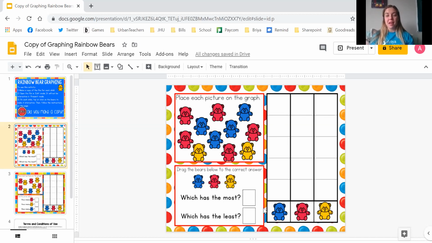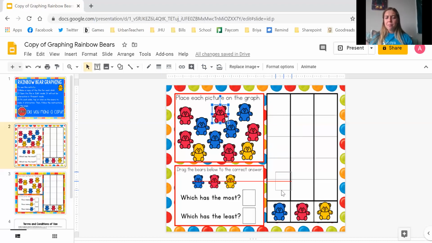Let's graph the bears. I'm going to pick up a bear and you guys are going to tell me which color it is and where it will go on the graph. Let's do an example together first. I'm going to pick this bear. What color is this bear? Red. Does this red bear go here? Is that a match?